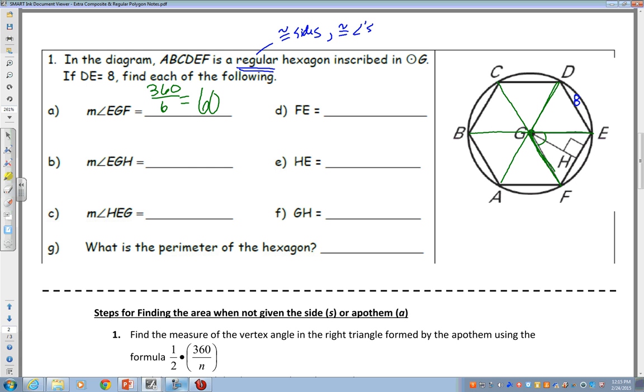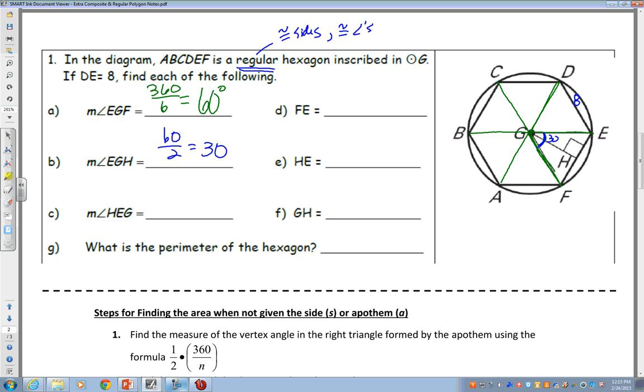So the angle in the interior, or the central angle, is 60. With that being said, if I know that the angle here is 60, they said EGH, this would be 30. It would be half of it. 60 divided by 2, that's 30.